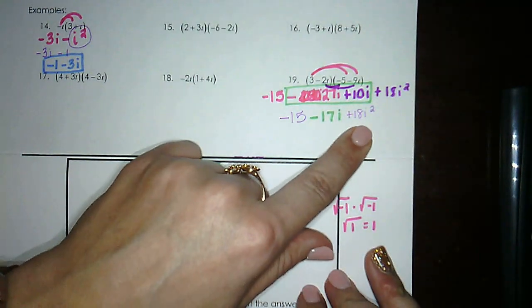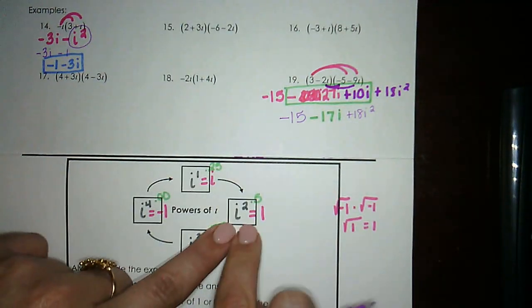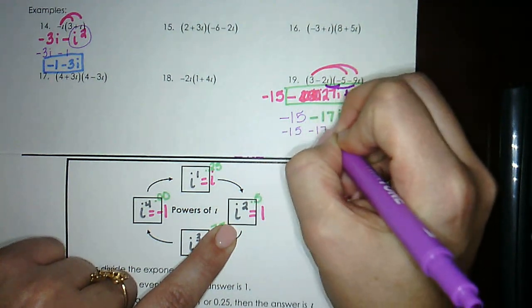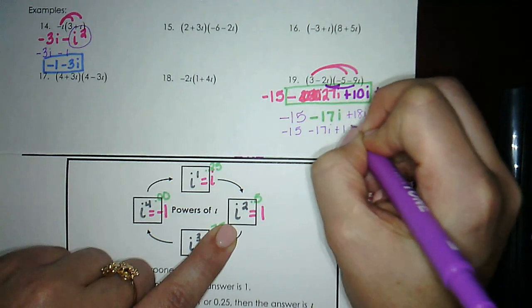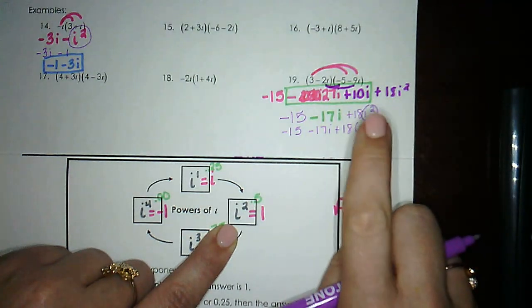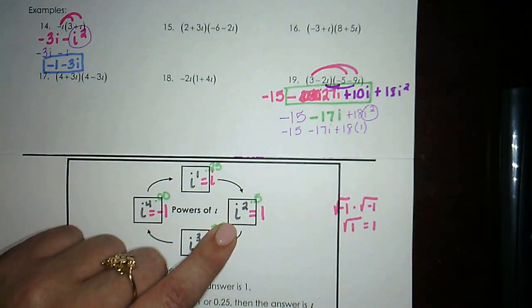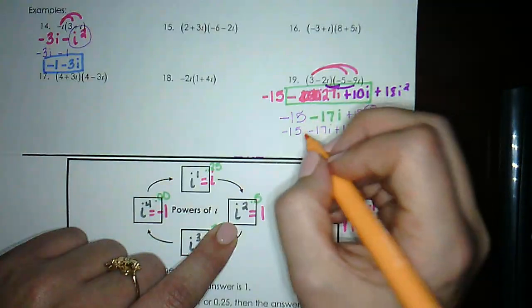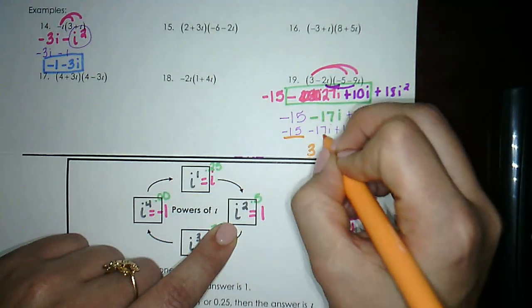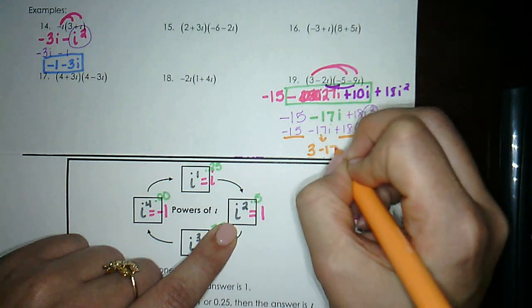Okay, we can simplify this i squared like we did before. We know that i squared is -1. So -15 minus 17i plus 18, and we know i squared is just -1. And then now we just combine like terms, and then this is your final step. So -15 plus 18 is 3, and then you just drop this -17i.